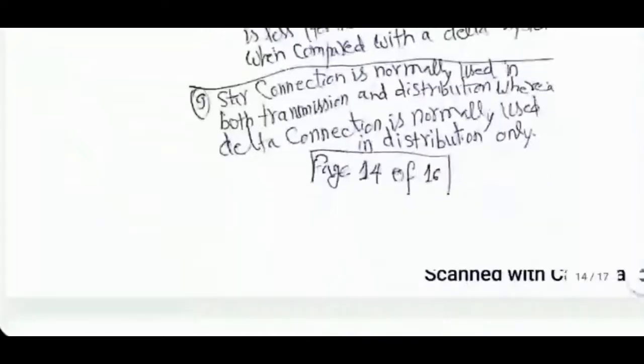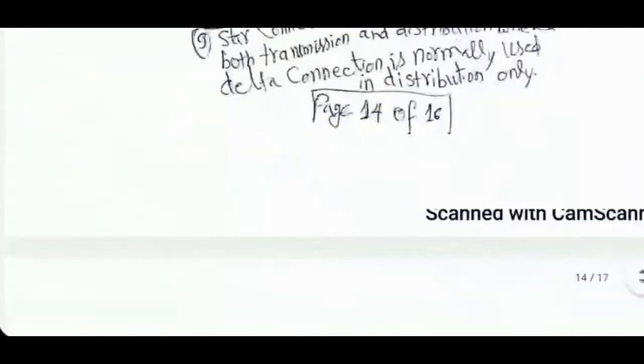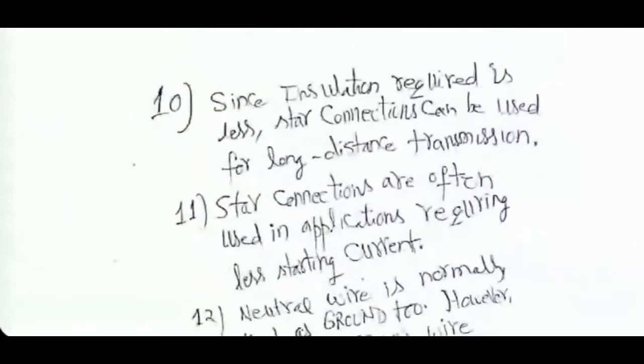Maybe more logistically correct than anything else. Star connections can be used for long distance transmission. Ultimately we are obsessed with price of doing things. Less insulation means less cost. So star connections for the same money can transmit power over a longer distance compared to delta connections.